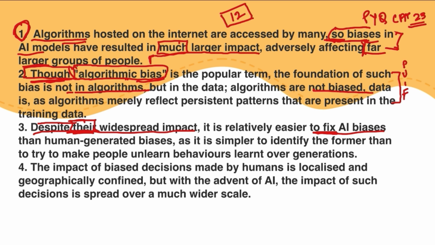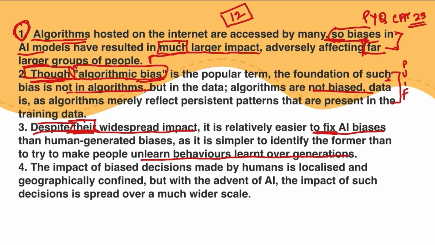So here we know the name of something, here we know about what actually happens, and here we're talking about fixing what actually happened. So these are clearly following the exact same pattern, right? Let's still look through it. Second one, sorry, let's look through it. As it is simpler to identify the former, to try to make people unlearn behaviors learned over the generations, right?